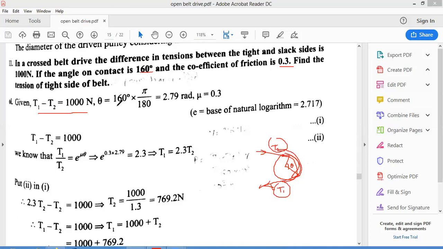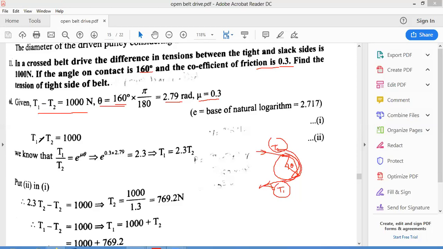But when we want to find the ratio of tensions, the angle of contact should be in radians. So multiply by pi by 180 to convert degrees into radians, and we get 2.79 radians, and the coefficient of friction mu is equal to 0.3.